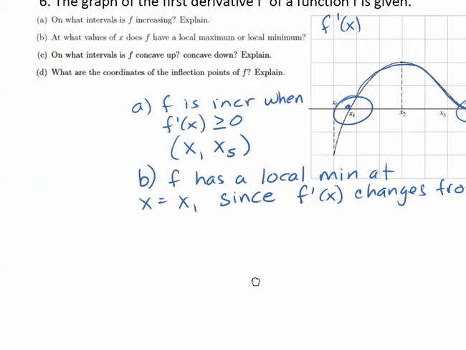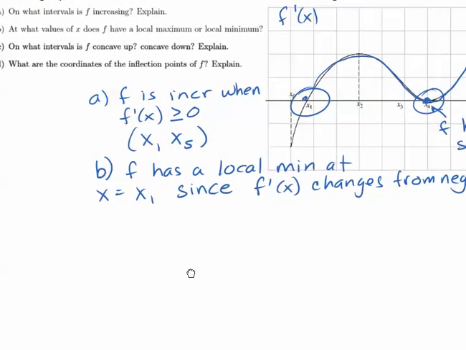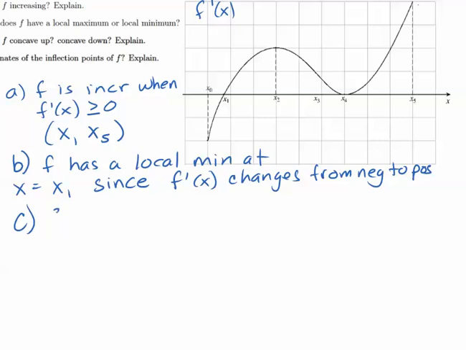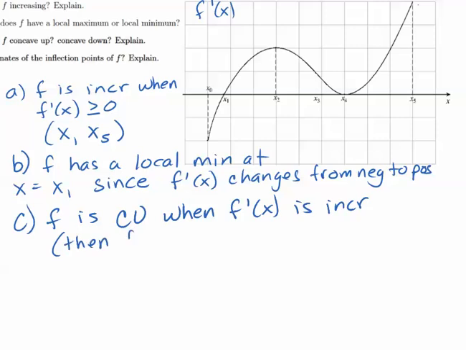Our next question says, on what intervals is f concave up? So concavity is when the second derivative is positive. Well, when would the second derivative be positive? That would be when f prime is increasing. So f is concave up when f prime of x is increasing, because then f double prime of x would be greater than 0.